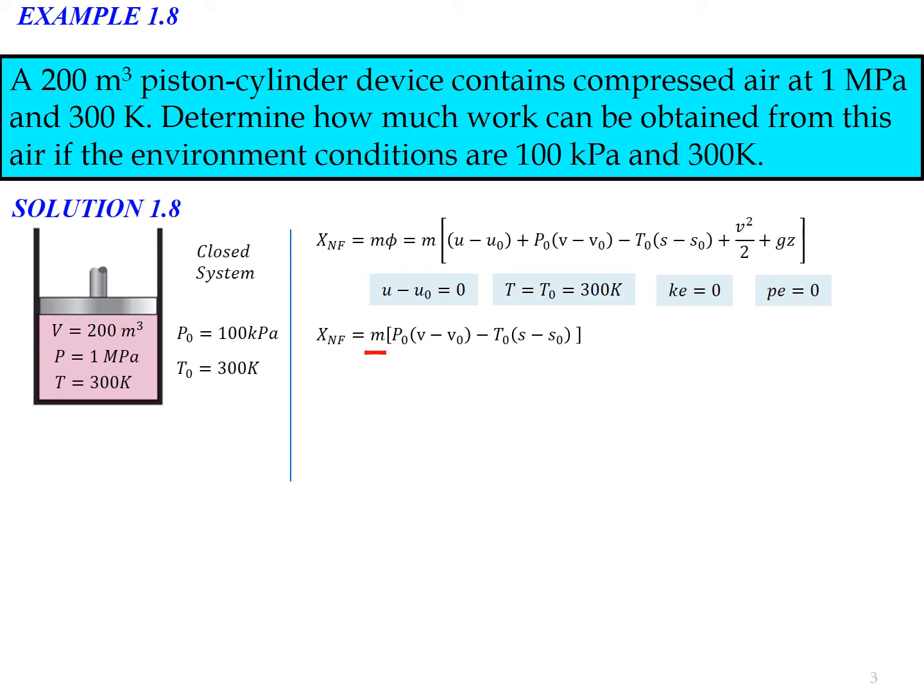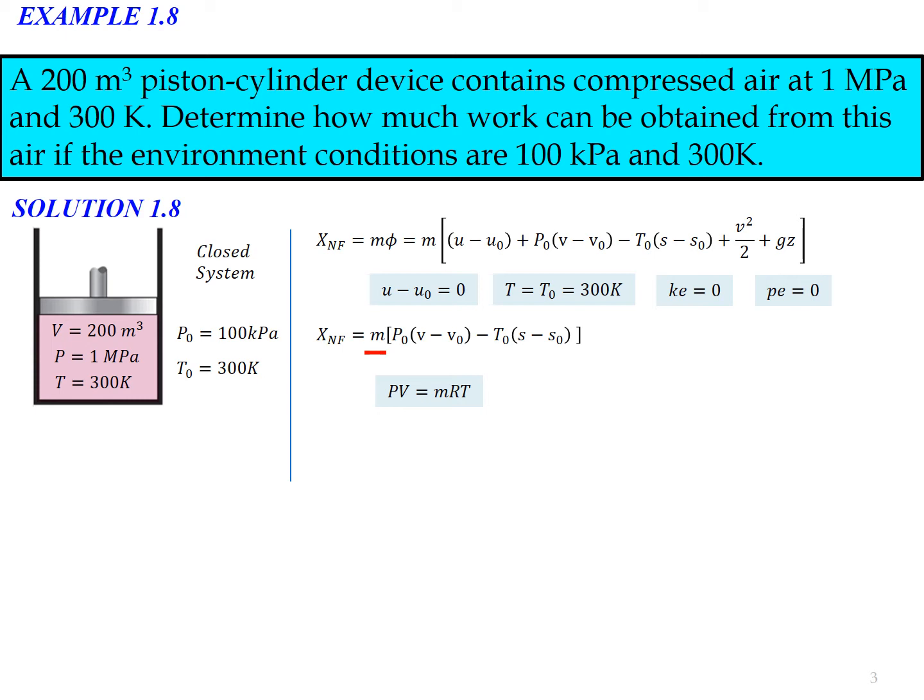Okay, so in order to determine the mass m, because the substance inside the cylinder is air, we can consider air as an ideal gas.